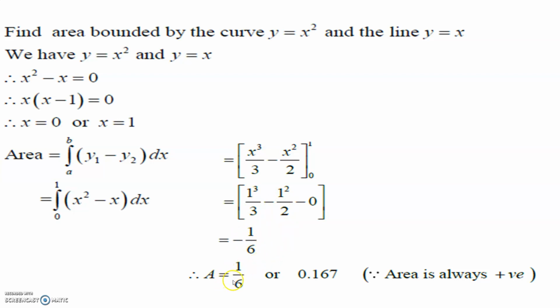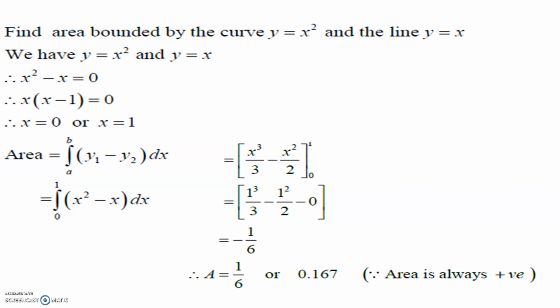So we derive A is equal to 1 upon 6 or 0.167. The area is always positive. So 1 upon 6 unit is the final answer of the area bounded by the curve y is equal to x square and the line y is equal to x.